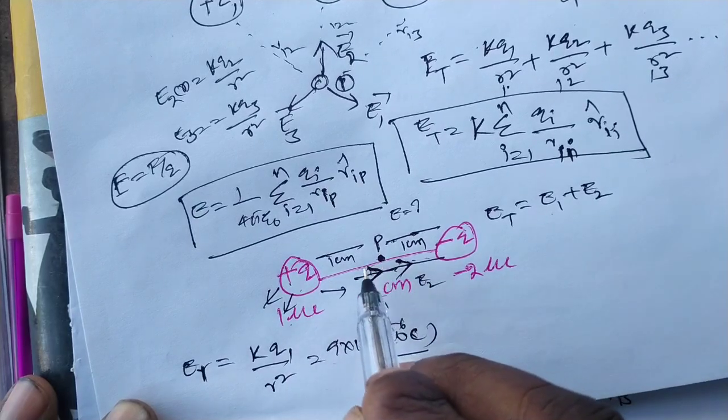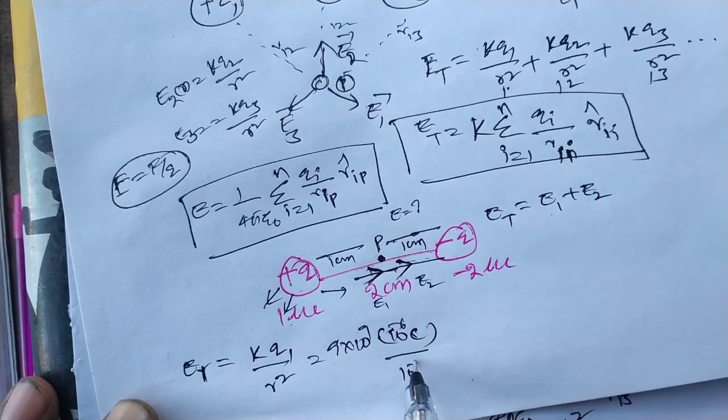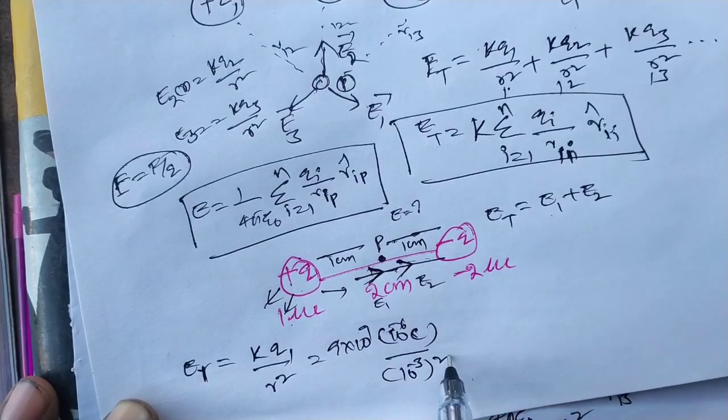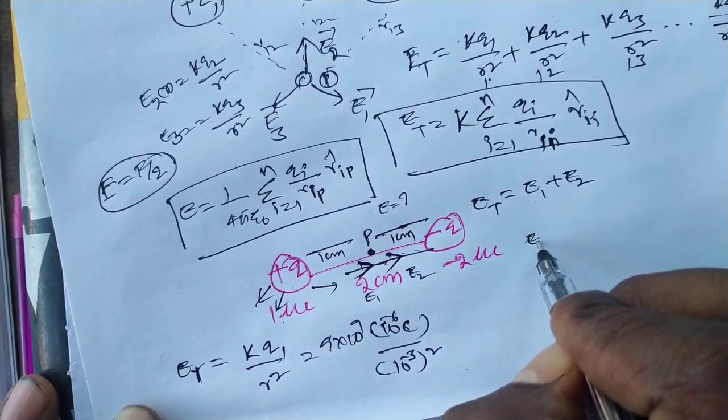R is equal to 1 centimeter, that is 10 to the power of minus 2 whole square. This is E1.